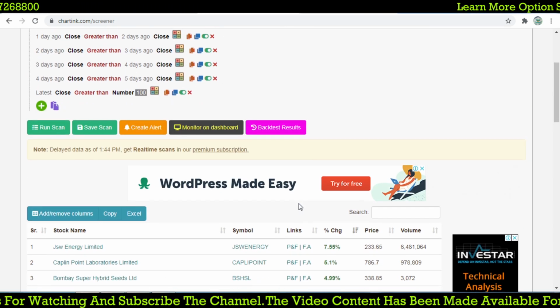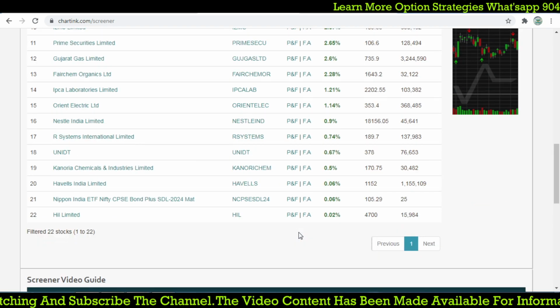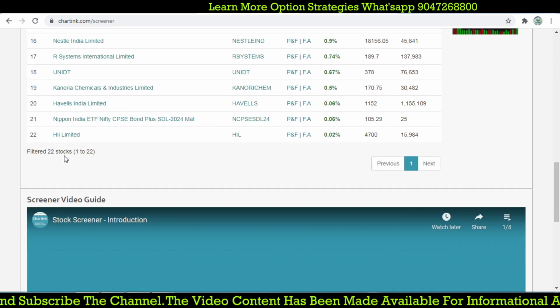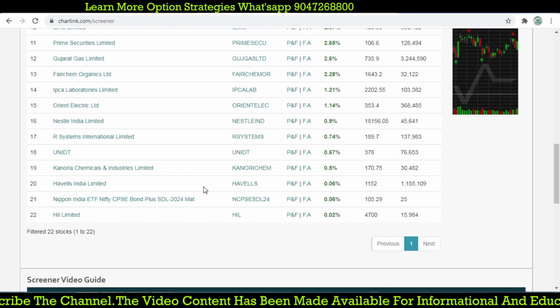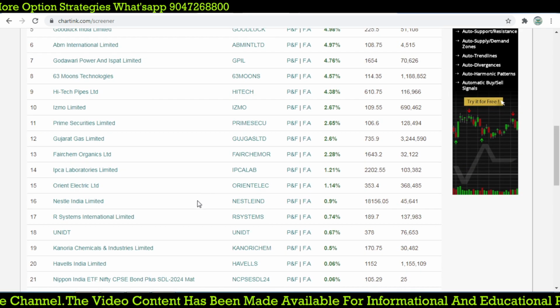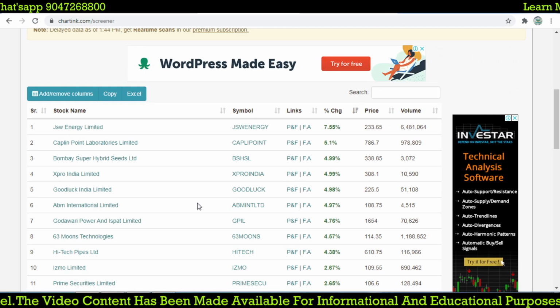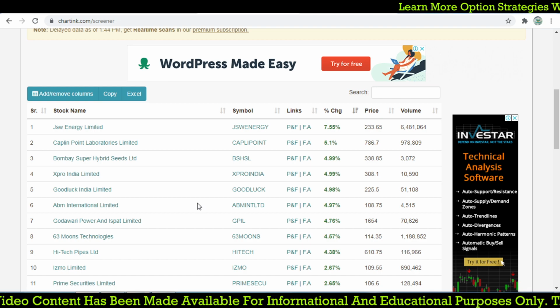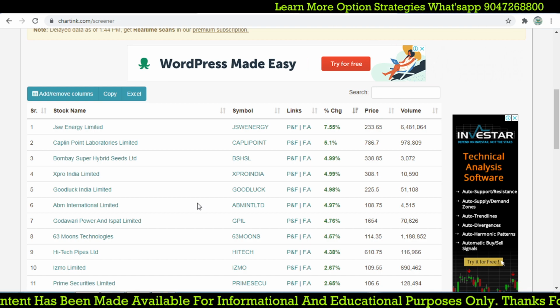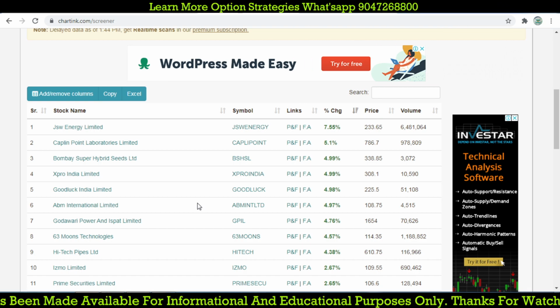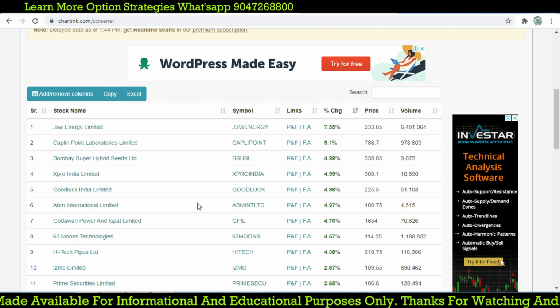If you scan that, you will get only stocks above 100 rupees. You got only 22 stocks, because in investing or intraday trading, the stock must be more than 100 rupees. That should give you better results, right? 1 rupee, 2 rupee stocks don't give you better opportunities on an intraday basis.